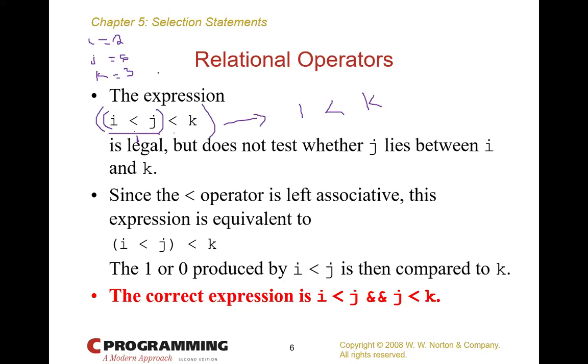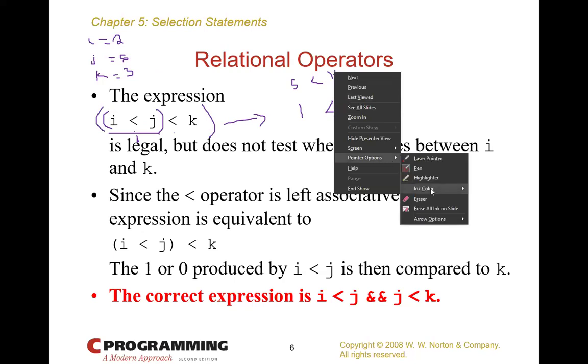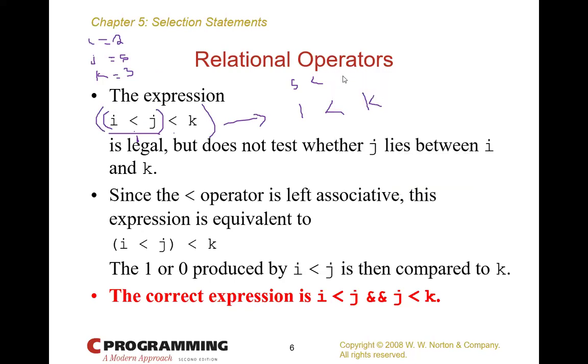Now, observe what you're expecting. You're expecting that it should be j, whereas j is 5. If you wrote is 5 less than k, which is 3, let's just write 3. If you wrote is 5 less than 3, the answer would have been false, which is 0.